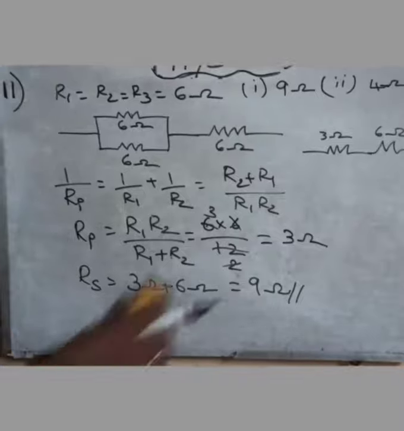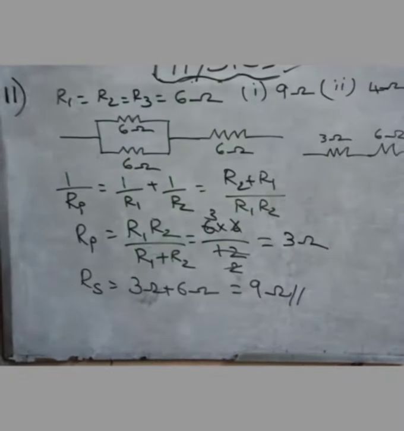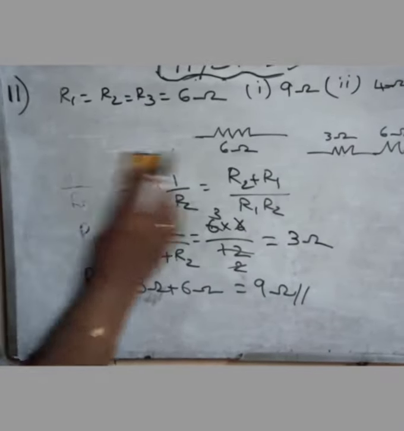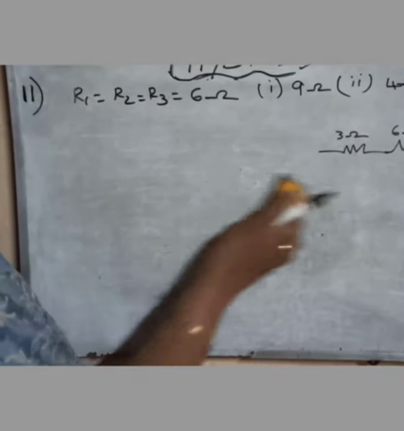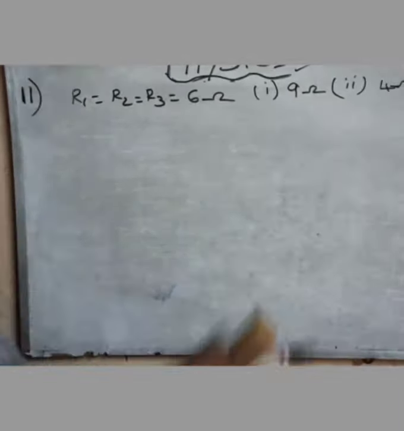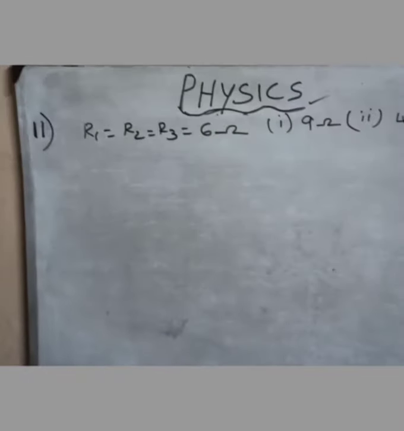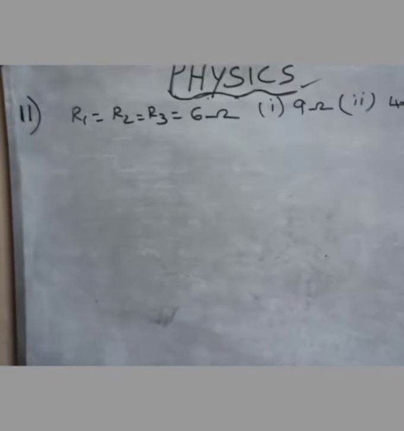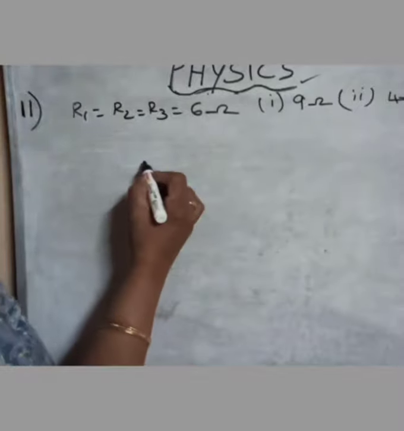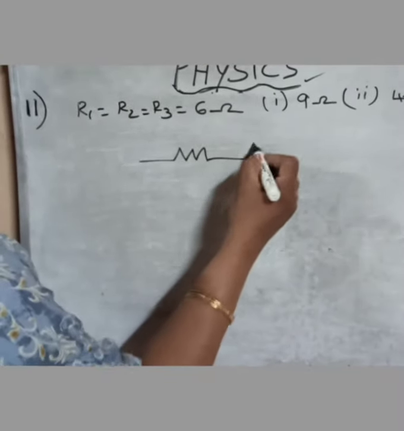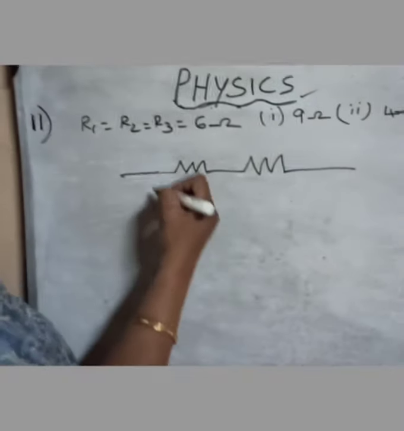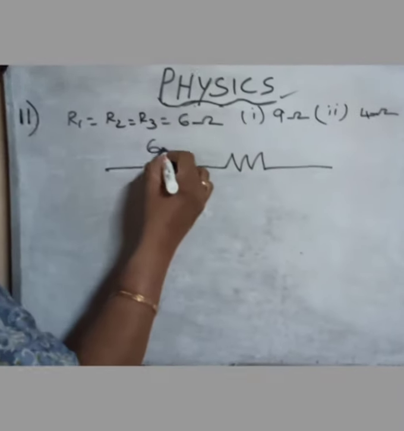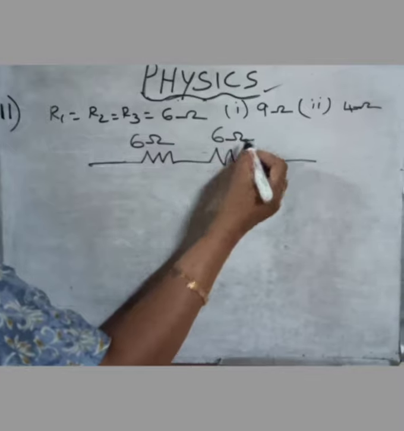Okay. What is the second one? Second, it is asked how will you get the effective resistance as 4 ohm? Here we connected 2 in parallel and 1 in series, no? Let it be, we can see if two 6 ohm resistors are connected in series. Show means you have to draw it and show. 6 ohm, 6 ohm.